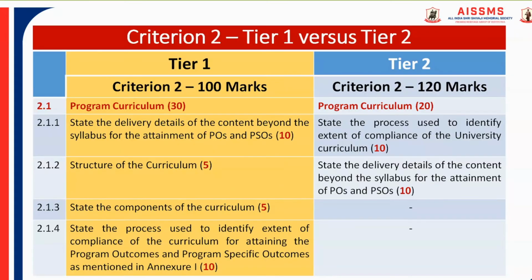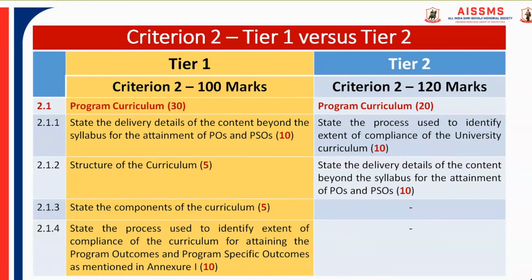Content beyond the syllabus means that the syllabus you currently have does not cover certain things for attainment of the POs and PSOs, and you are supposed to explain how you are adding this content beyond the syllabus to achieve the program outcomes and program specific outcomes.